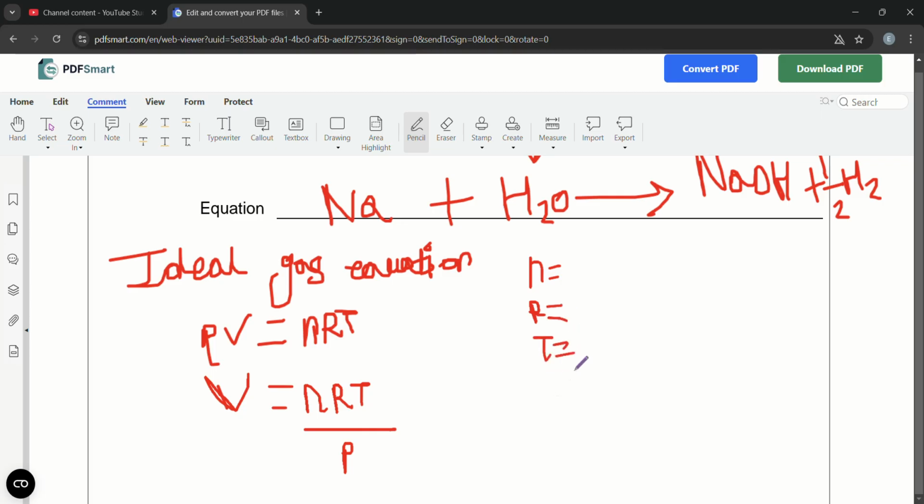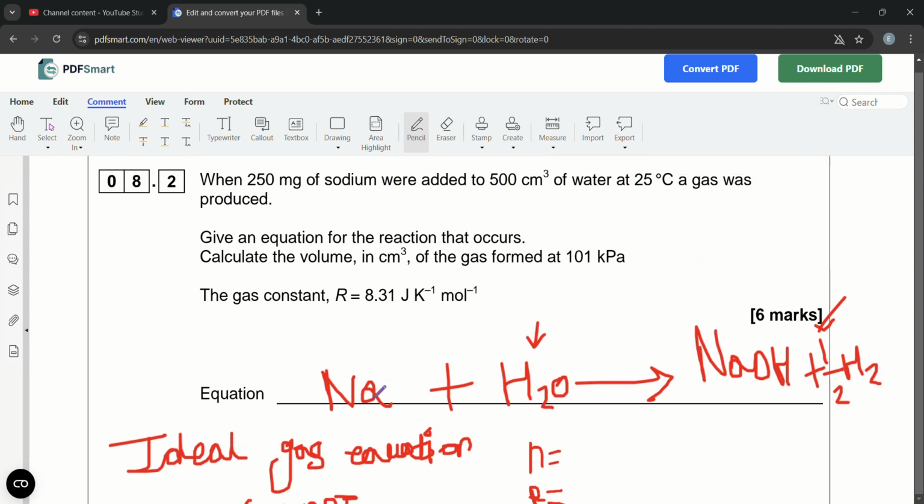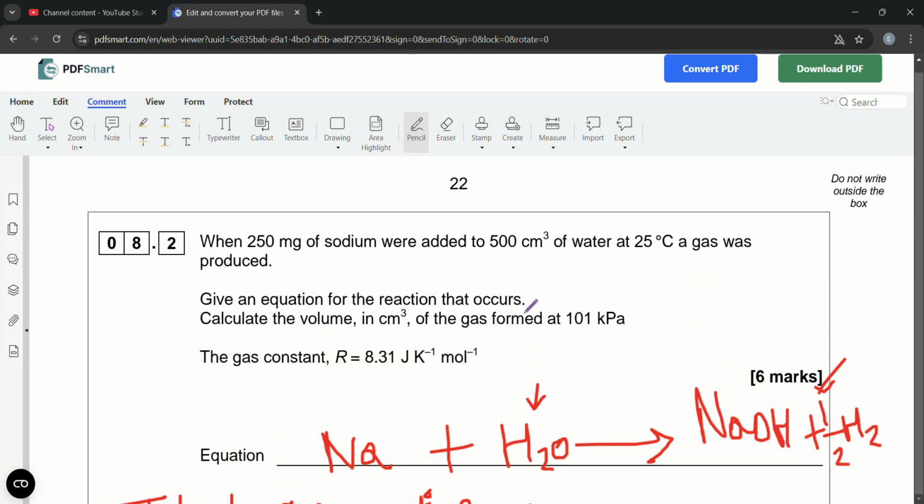So now let's tick them off basically. Do we have the pressure? Yeah, we have it in kilopascals, so that's 101,000 pascals that we're going to be using. Do we have the temperature? Yep, 25 degrees Celsius, but obviously we're not going to use that.